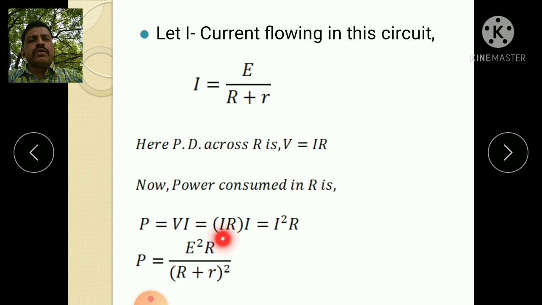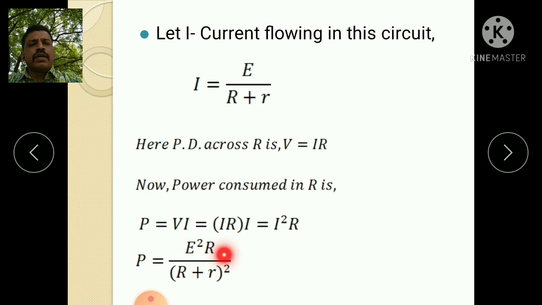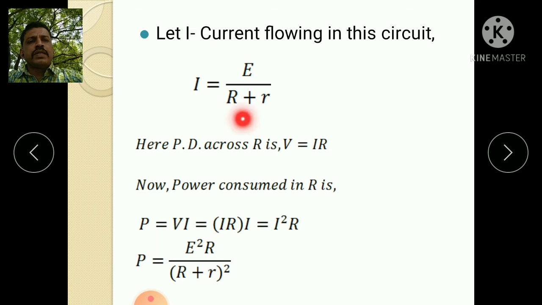Since V is IR, we get IR into I, which is I square R. Putting the value of I, that is E upon R plus r, we get power P equal to E square R upon (R plus r) bracket square.